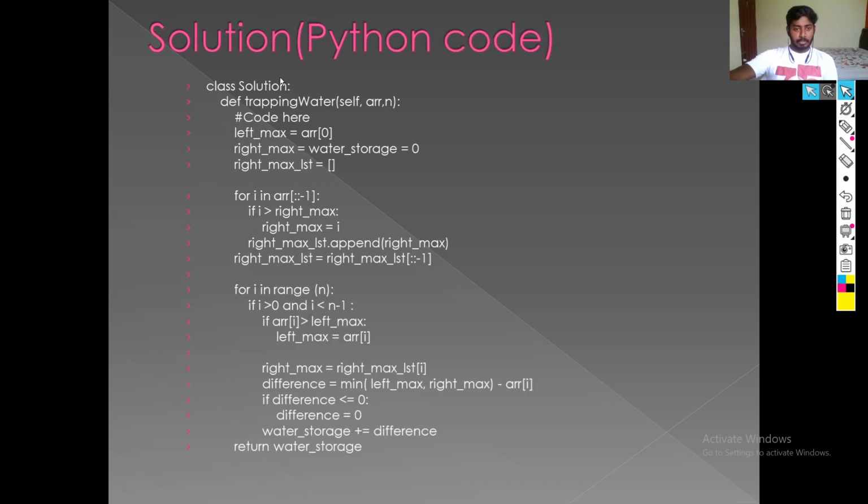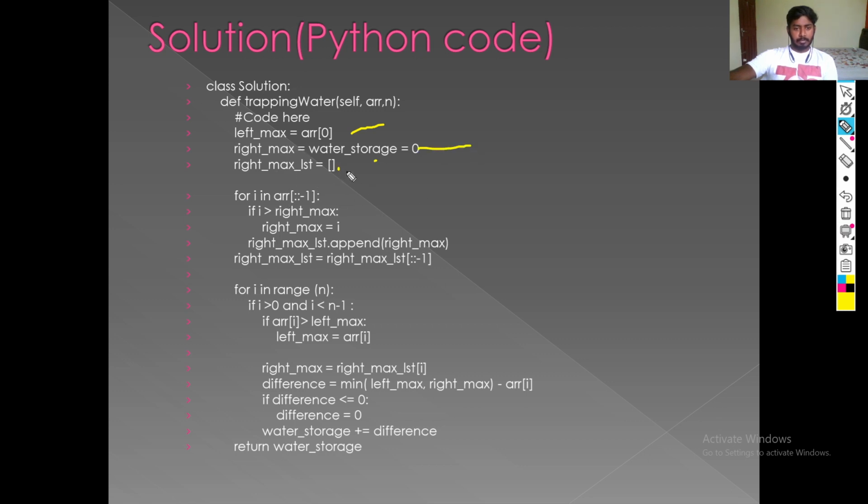You can see the solution part contains the code. I'm creating an array for this particular place, and right max is equal to 0. Water storage is equal to 0, I'm creating a variable.